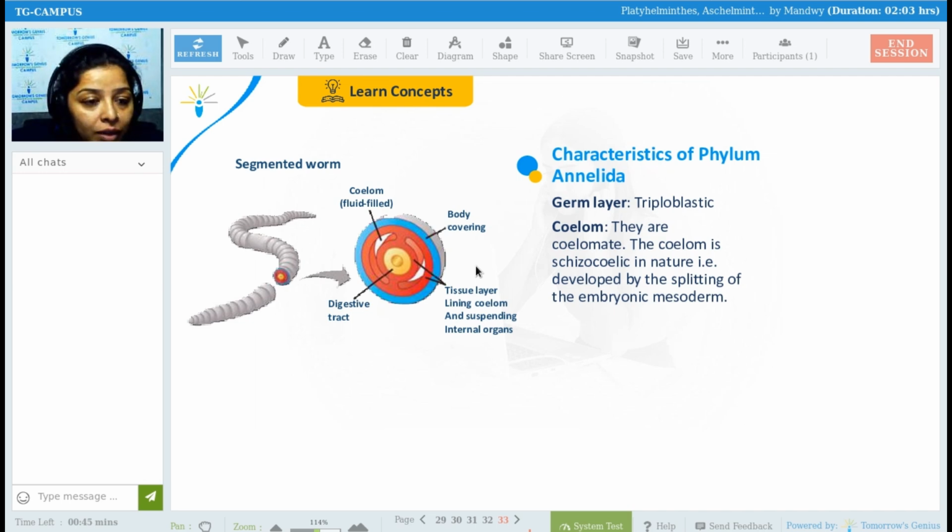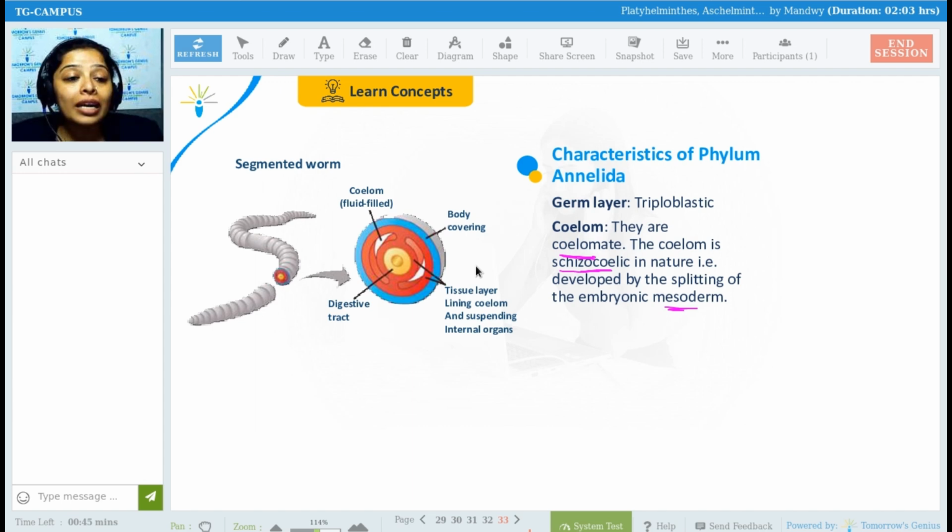They are triploblastic: ectoderm, mesoderm, and endoderm. Mesoderm lines the body cavity, so they are coelomate. They make a coelom that is schizocoelic in nature. Why? Because during embryonic development, the mesoderm splits and then forms a cavity.